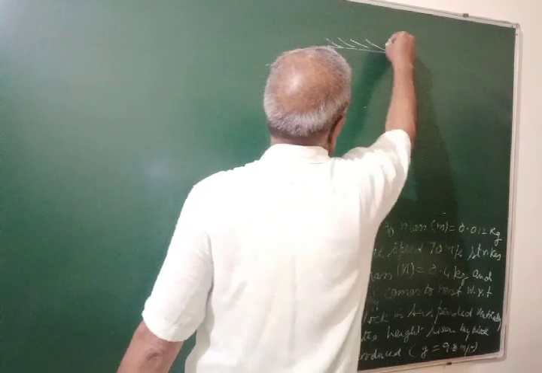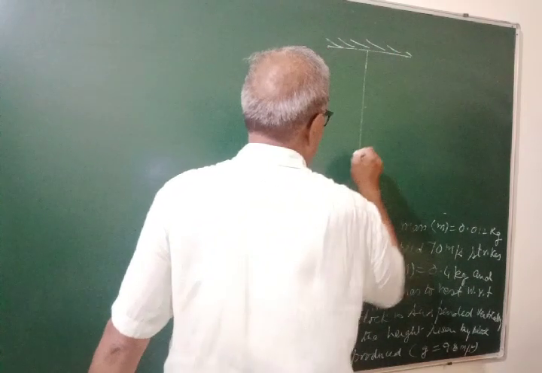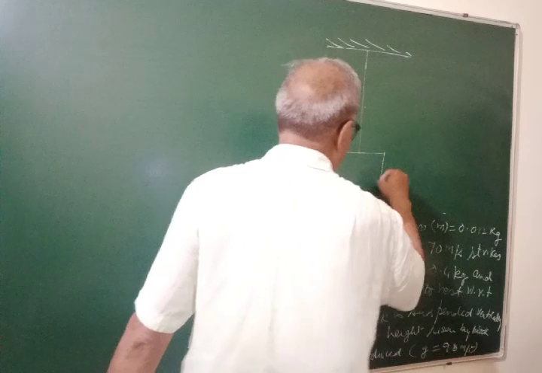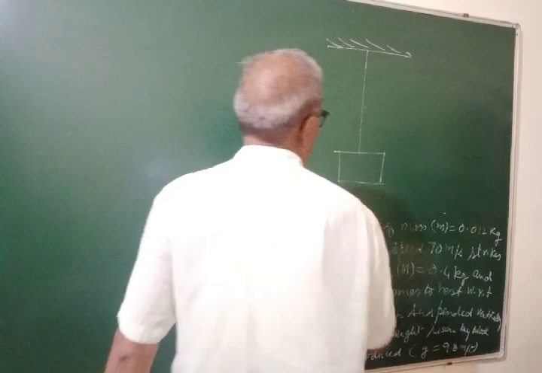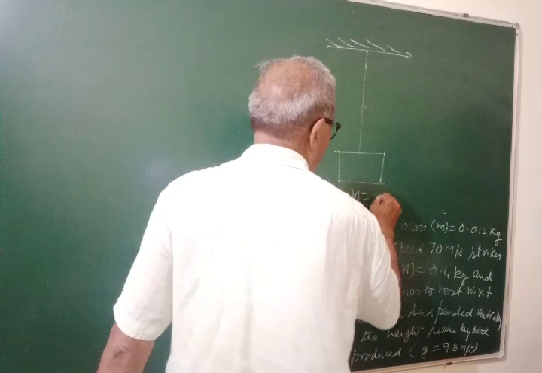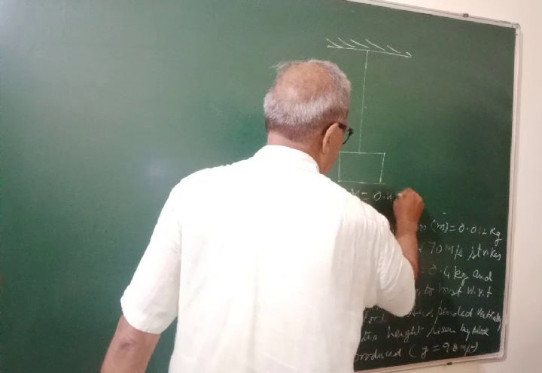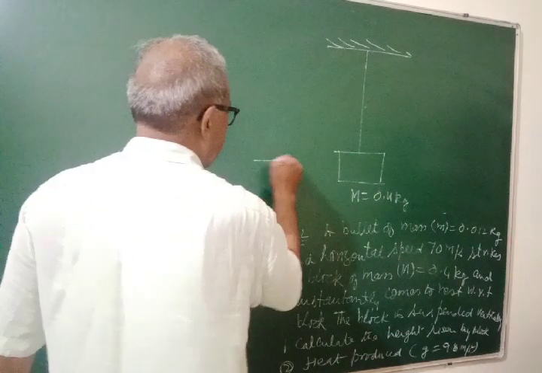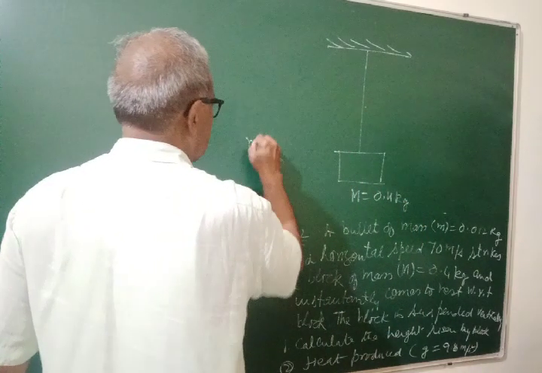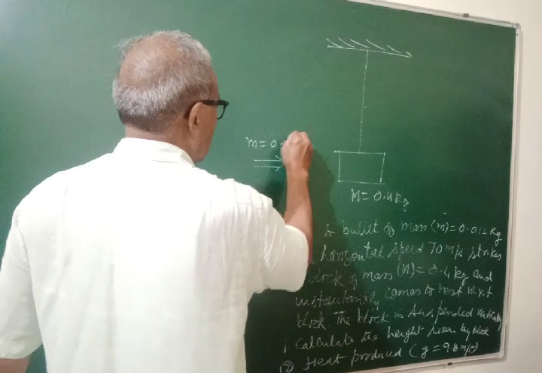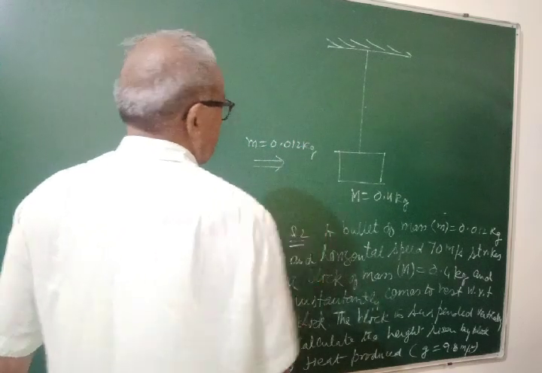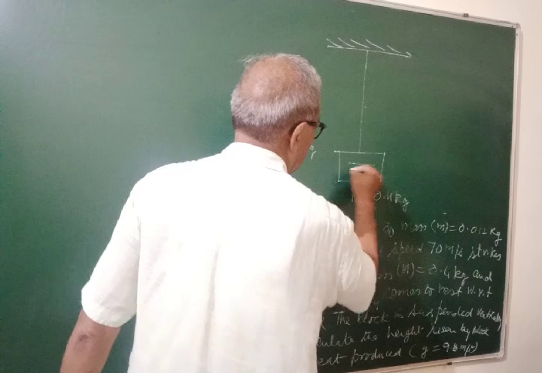Actually, the topic is simple here. Its mass capital M is written as 0.4 kg. A bullet here of mass 0.012 kg strikes this, and comes to rest instantly.